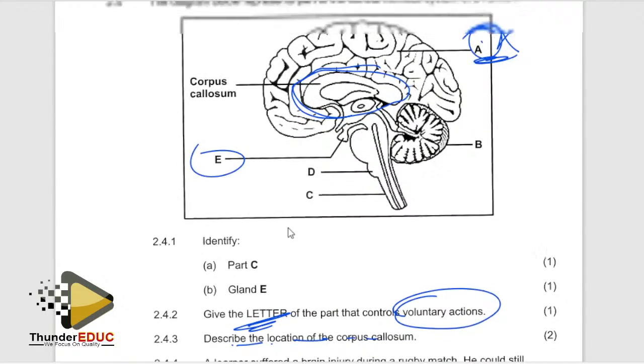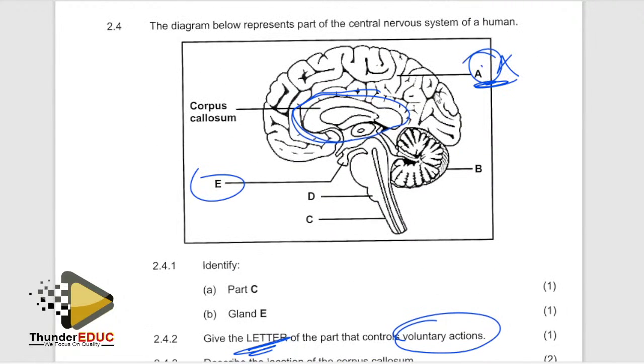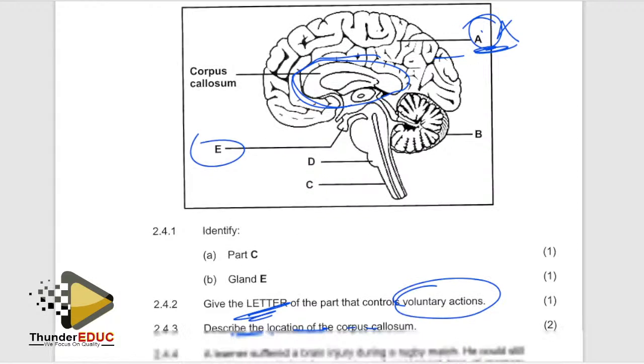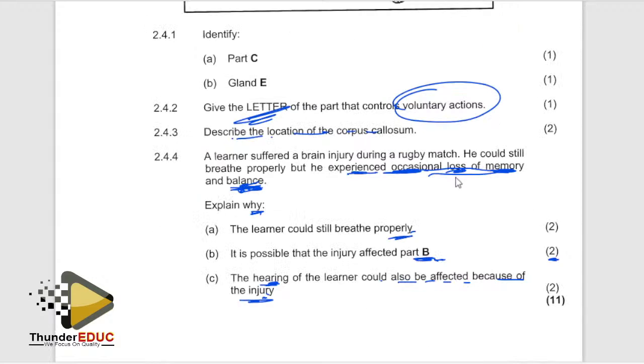Because hearing is a sensation, and it shows that the cerebrum was affected. How do we know that? Because they say there is occasional loss of memory.